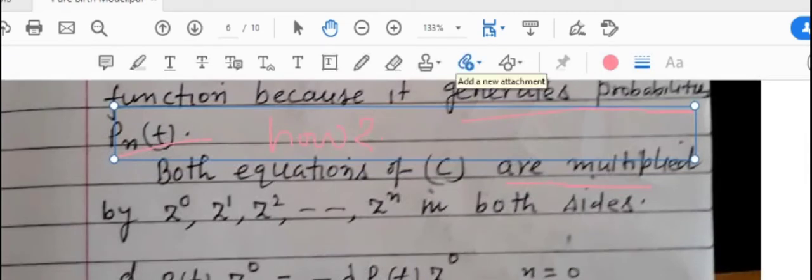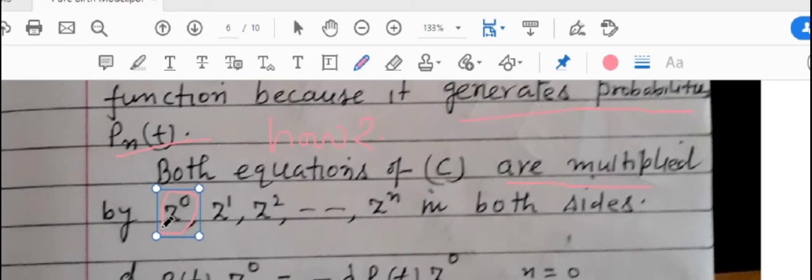Both equations, for P0(t) and Pn(t), if you remember, we are going to multiply by z to the power 0. This z to the power 0 will multiply the P0(t) equation, and the remaining powers will multiply the other one.